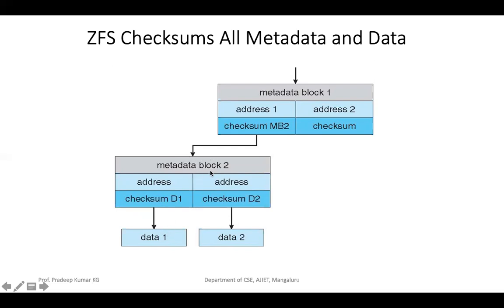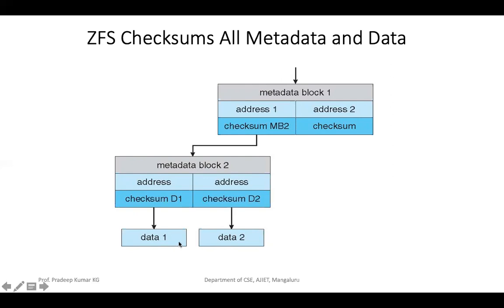Same, metadata block 2 will have a checksum MB2. It is something like a transitive rule. Data 1, checksum D1, metadata block 2. These are all a single package, a single group as a volume. From over here, we will have another checksum, then address 1 and metadata block 1. This is how it works. So two levels of security are provided for individual data as Solaris ZFS works.